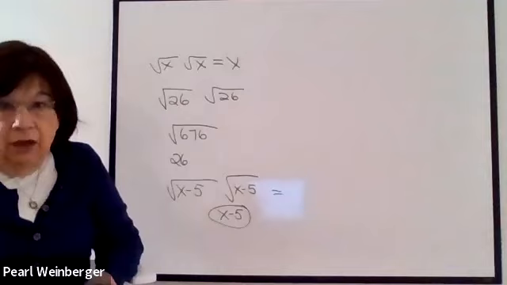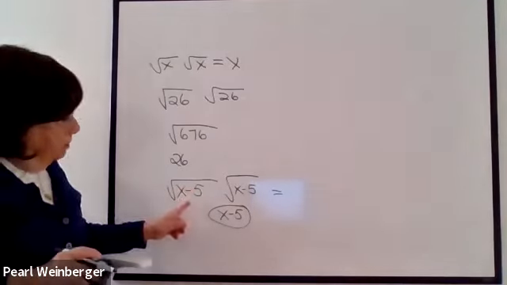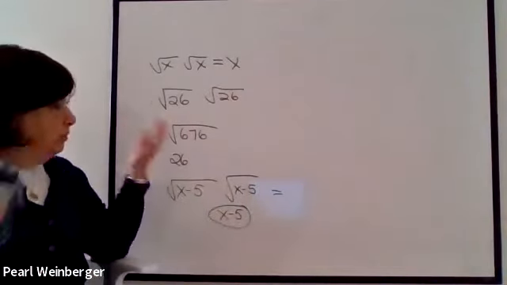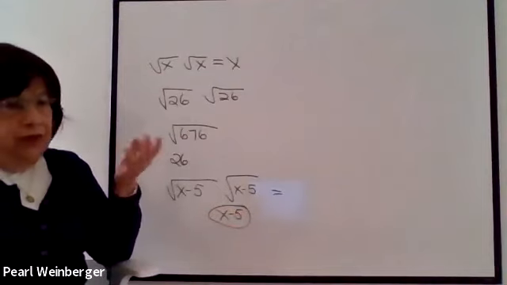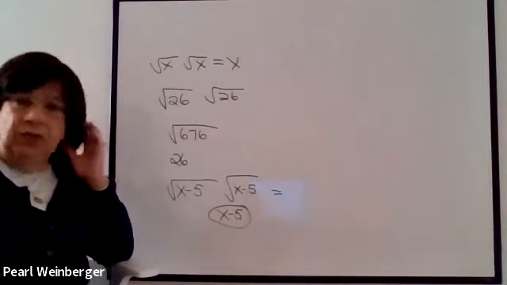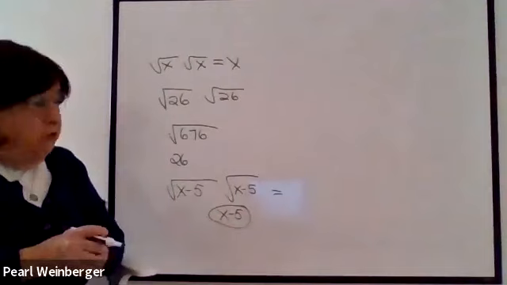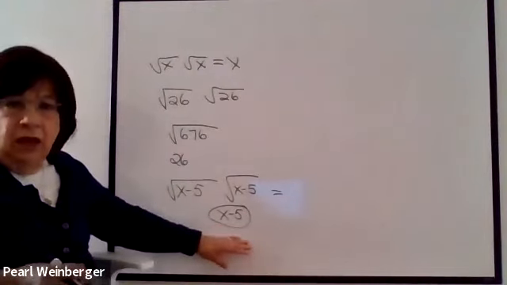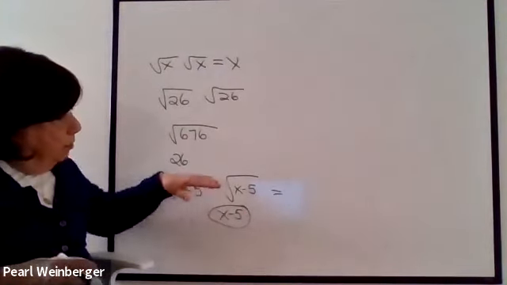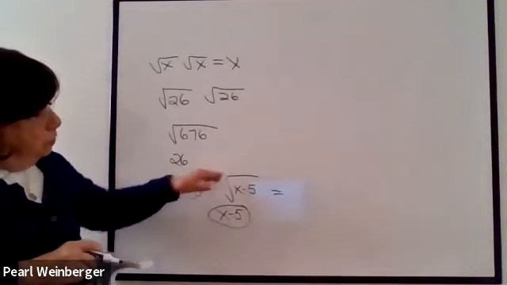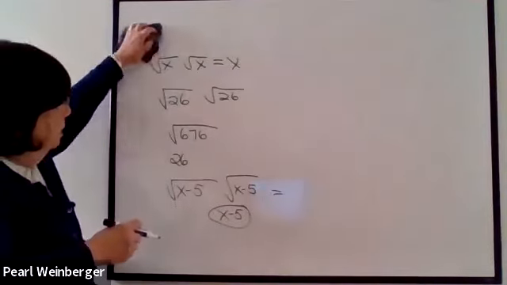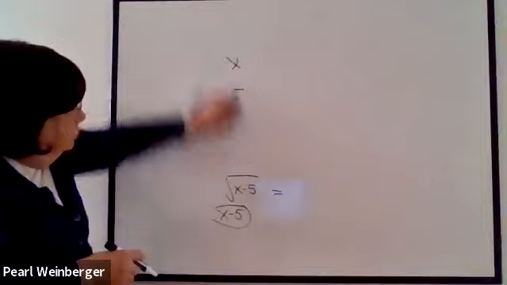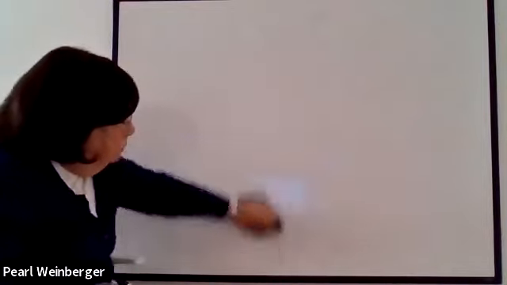It's a shortcut. Yes, I could have done x minus 5 times x minus 5. It would have given me a trinomial. I would have then had to try and take the square root of that trinomial. It would have been a lot of work. It's not necessary because I'm multiplying a radical by itself. It just gives you what's inside the radical.